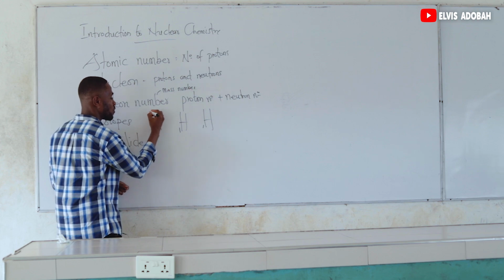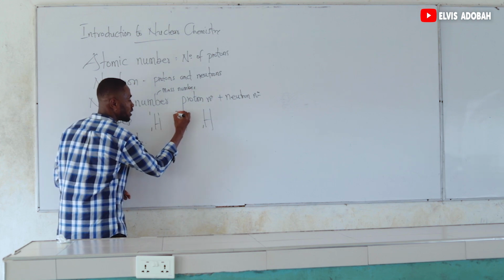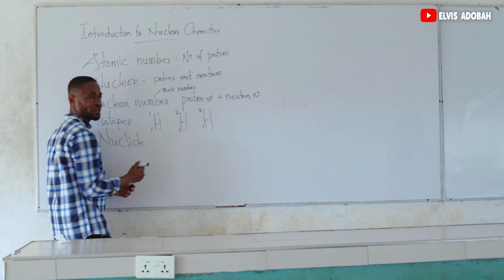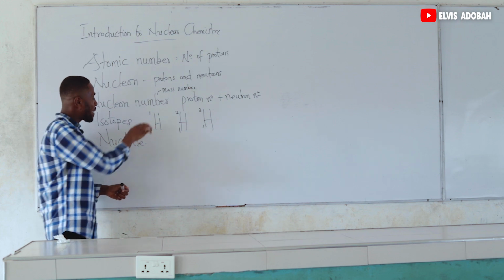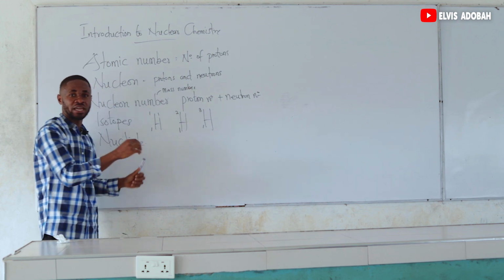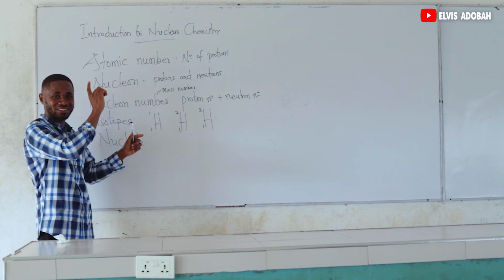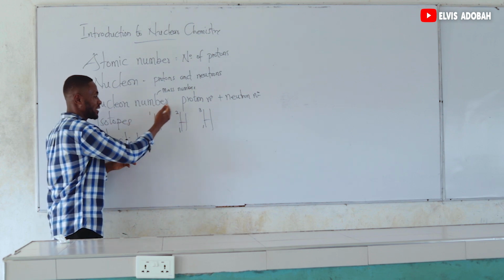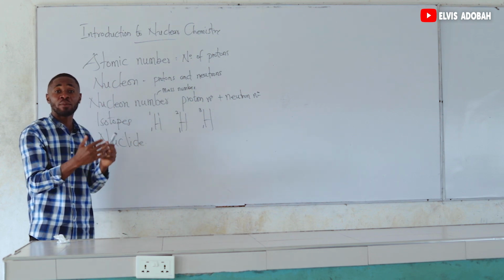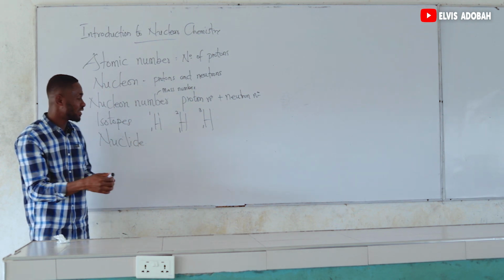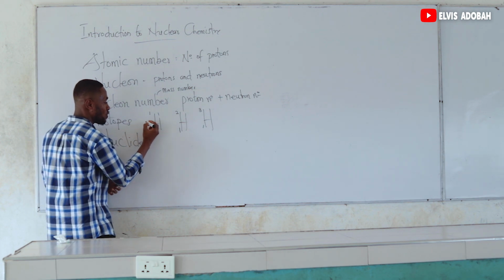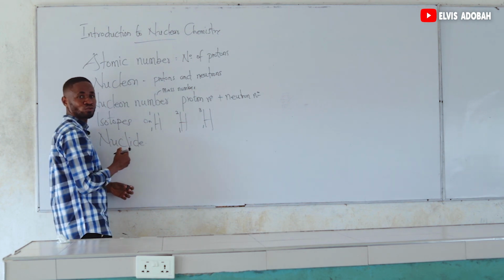So over here, we have hydrogen 1, hydrogen 2, hydrogen 3. Their mass numbers, which are written as the superscript, exhibit changes because their number of neutrons are changing. In hydrogen 1, we have 0 neutrons.